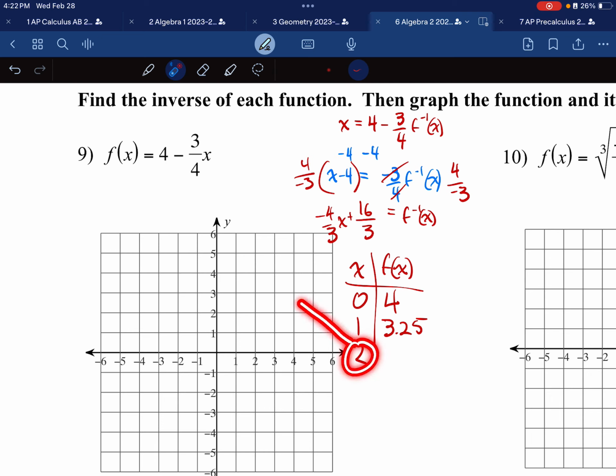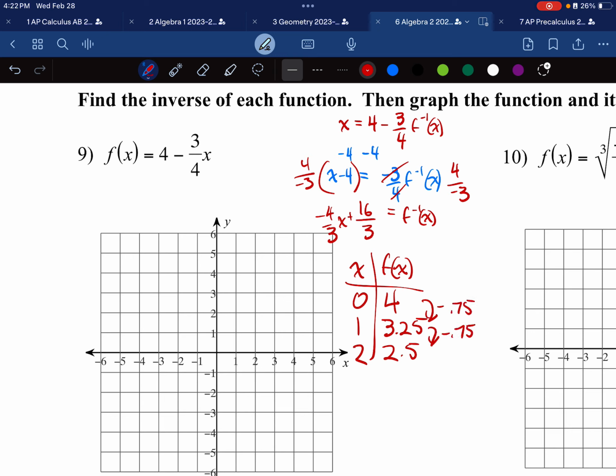All right, what happens if I plug in a 2? This is kind of silly to do, but I'm just going to finish up 2, and then I'll tell you that this was just slope-intercept form. So the 2 and the 4 will cross-cancel into a 3 and 2 now. So it's going to be 4 minus 3/2, which is 4 minus 1.5, which is 2.5. Essentially what I'm doing is going down 0.75 each time, right?